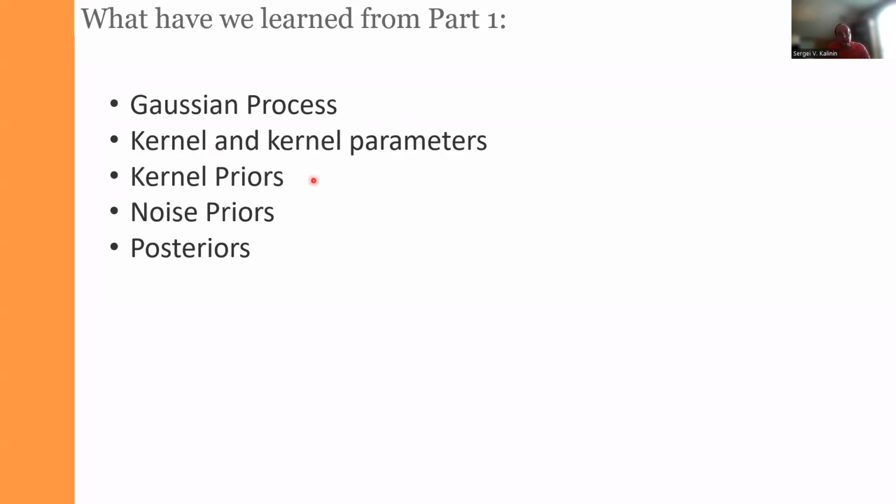So what we learned in the first part of the lecture was the concept of the Gaussian process, the kernel and kernel parameters, kernel prior and noise priors. We also learned that when we run the automated experiment, prior becomes a posterior. So this is our refined understanding. And then, of course, in the next experiment, the posterior is a prior for the new experiment. And you might have noticed that I mentioned that the Gaussian process and Bayesian optimizations are called myopic workflows.